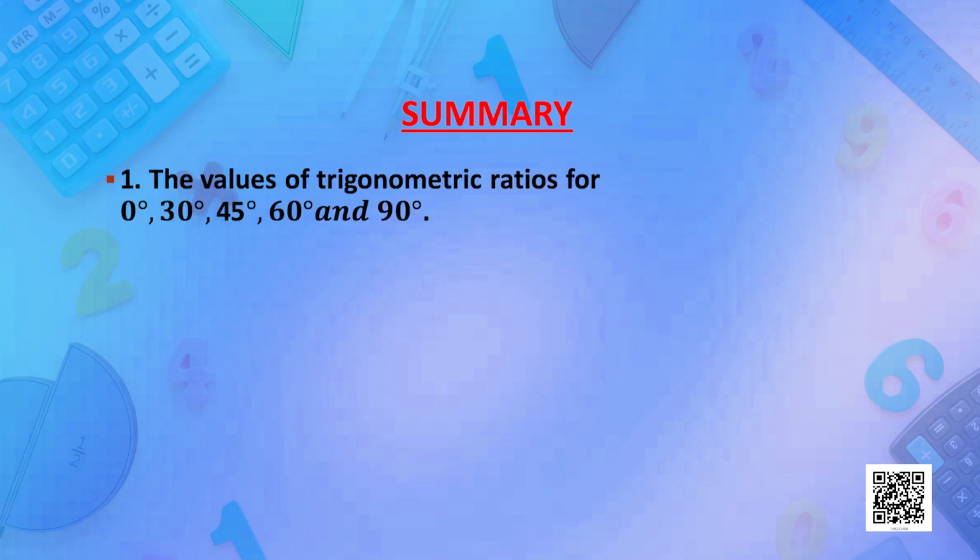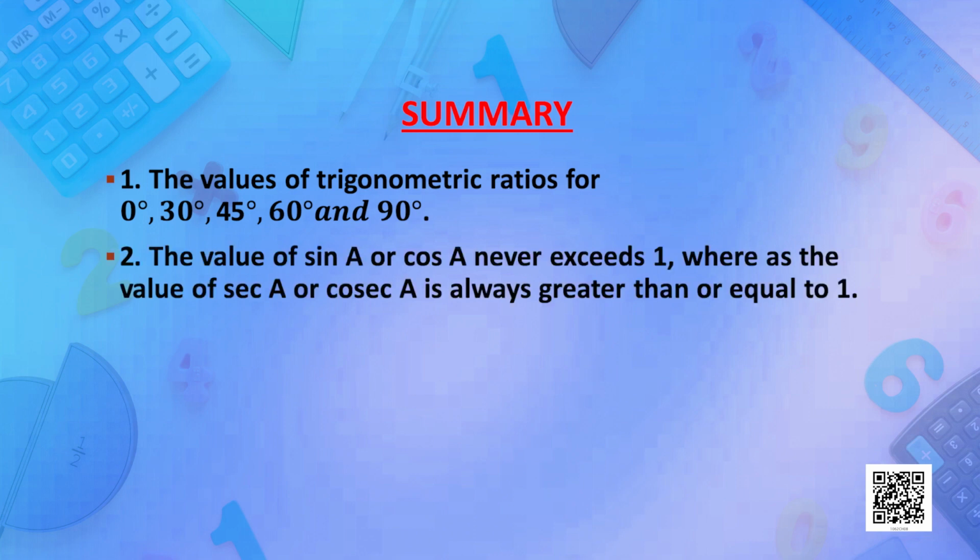Let us quickly recapitulate what we have learned today. The value of trigonometric ratios for 0 degree, 30 degree, 45 degree, 60 degree and 90 degree. The value of sin A or cos A never exceeds 1, whereas the value of sec A or cosec A is always greater than or equal to 1.